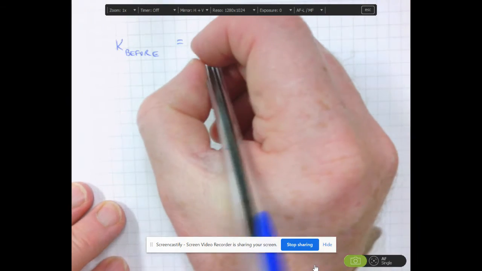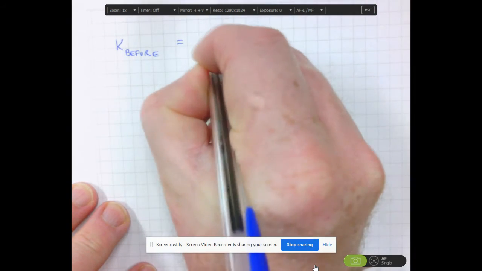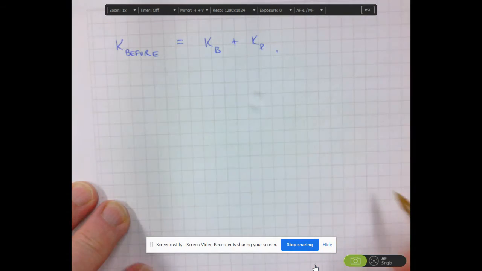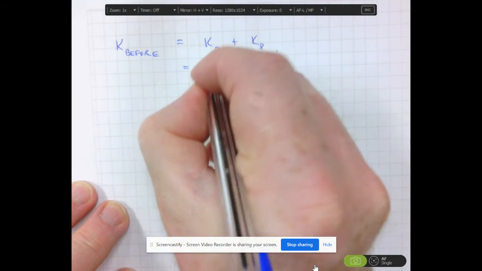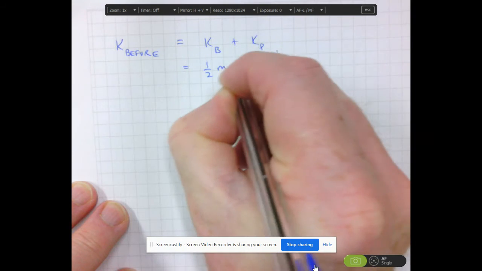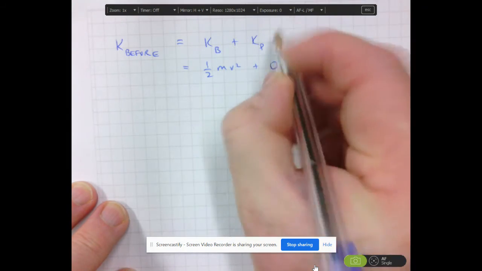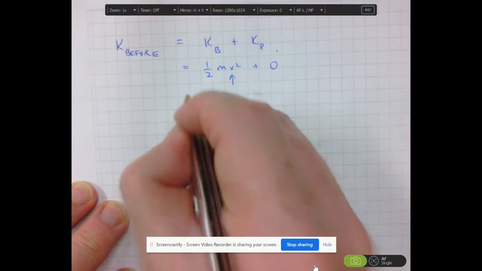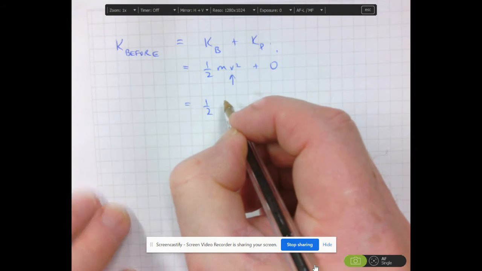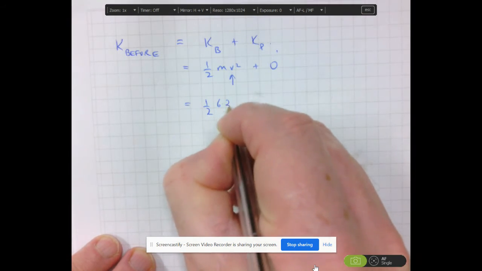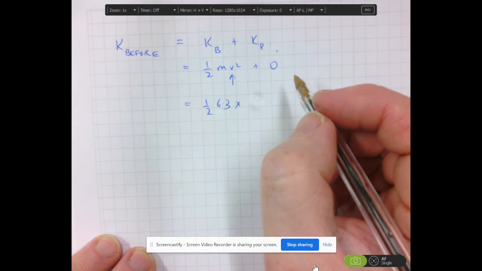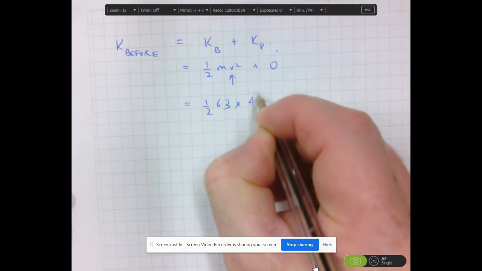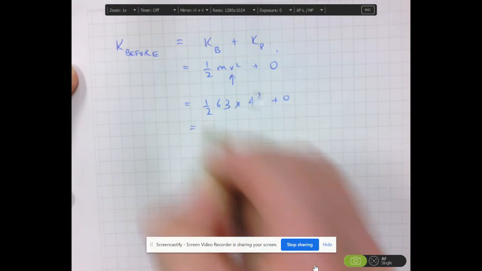Right. Now, the kinetic energy before will be the kinetic energy of the bowling ball plus the kinetic energy of the pin. And that would be a half mv squared plus 0, because the pin is 0 there, and this would be the initial velocity of the ball. So it's a half times the mass of the ball, which is 6.3, times, it's 4, wasn't it, beforehand? 4 squared plus 0.